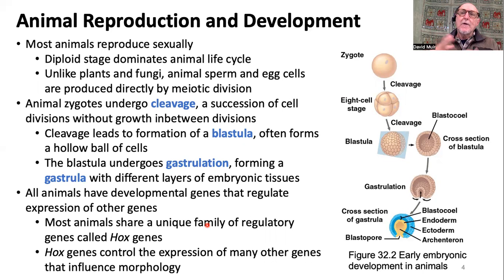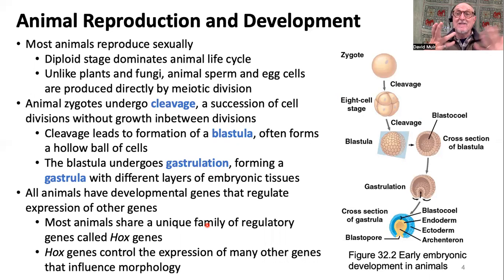You remember in the fungi that the haploid stage dominated the life cycle. In the protists, you may have alternation of diploid and haploid, but in animals, any haploid cells are usually very short-lived. It's a very short stage when the gametes are formed preparatory to again allowing fertilization to form a diploid zygote.